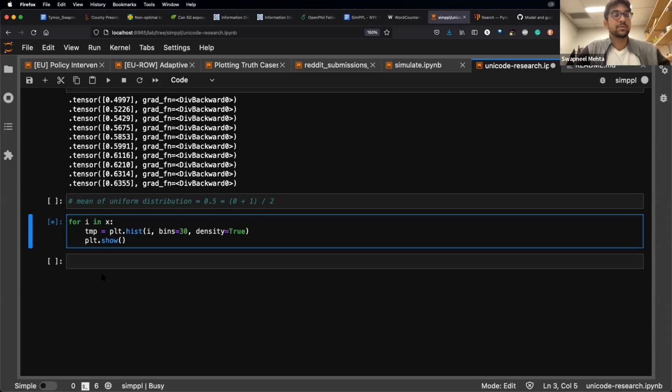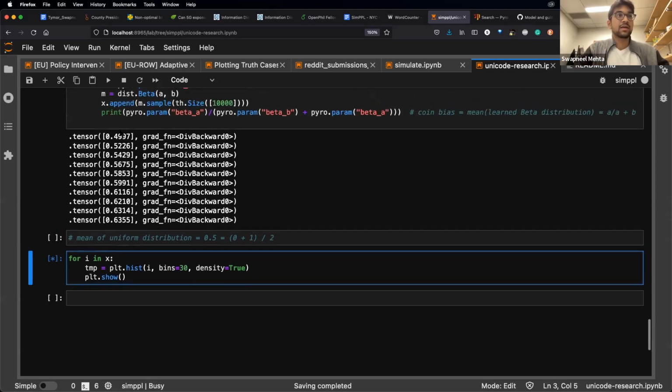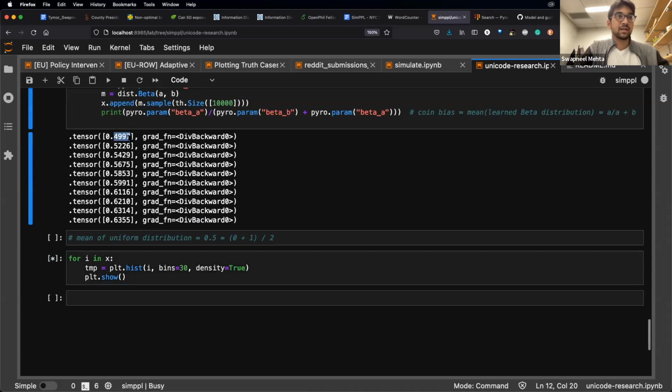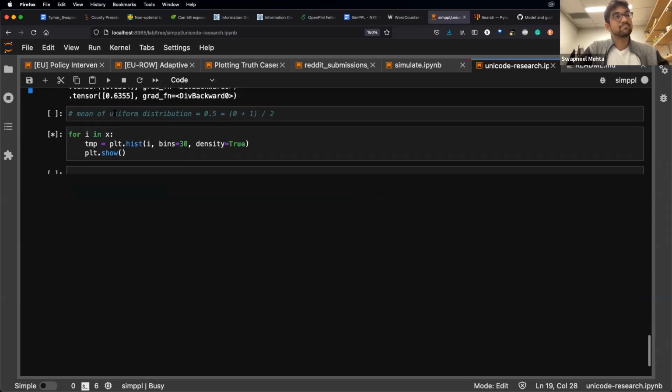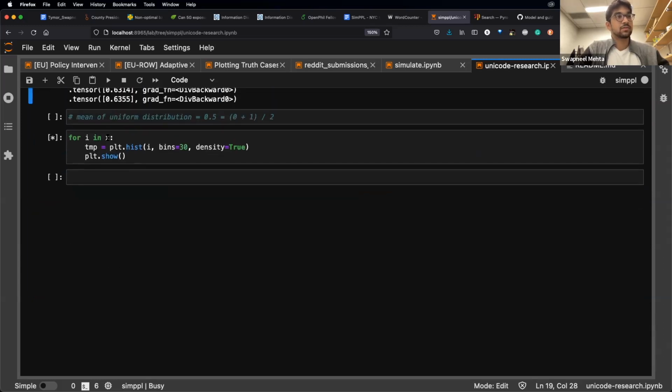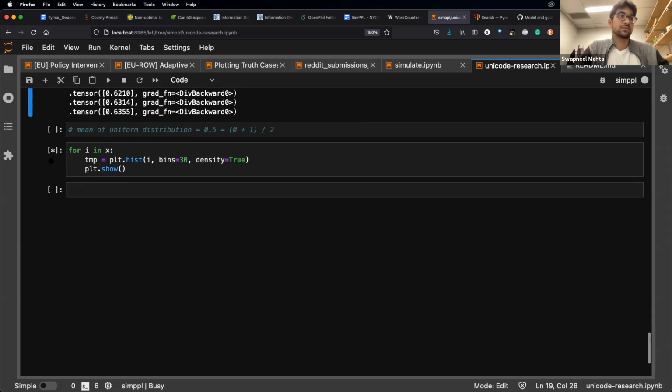Weird that beta distribution takes so long to plot. I just want to show you sequentially what the distributional updates are looking like. Like we see that this thing is updating, but what does this mean in terms of the distribution? So the values of beta A and beta B are changing, which means that this, I don't know why this is not working or why this is just taking so long. Maybe I should reduce the bins.